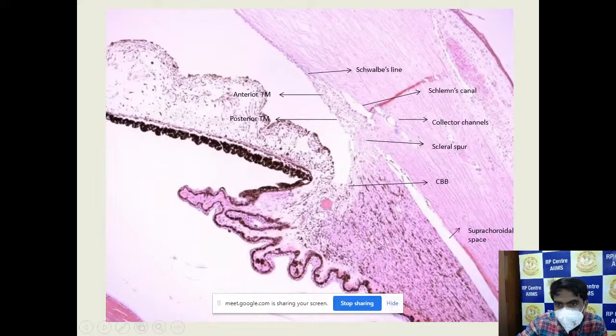Through Schlemm's canal, the aqueous flows into the collector channels. Through the collector channels, it is collected into the intrascleral mid-scleral venous plexus. From there, it goes to the episcleral venous plexus.